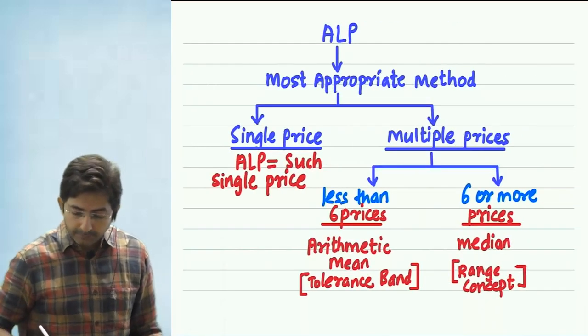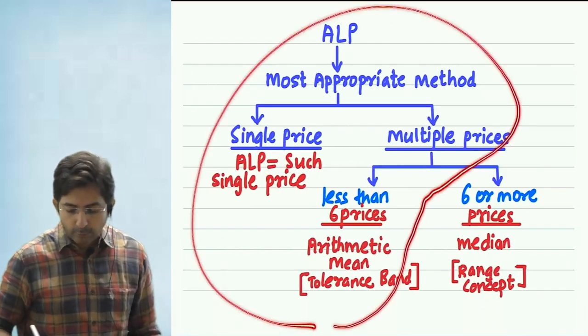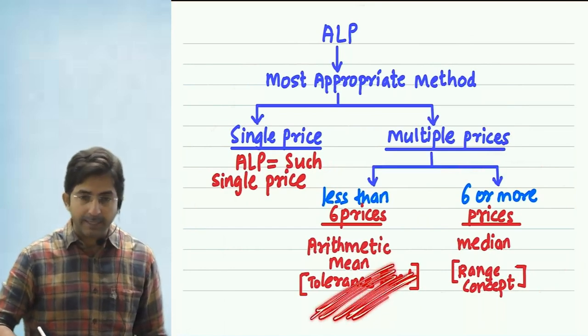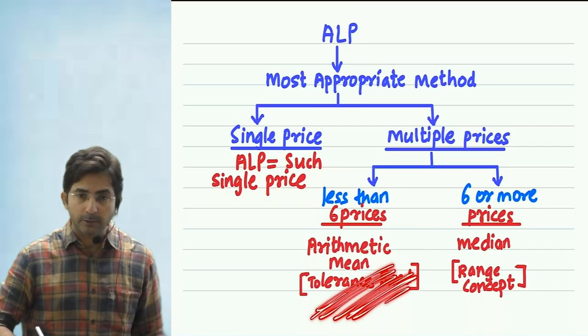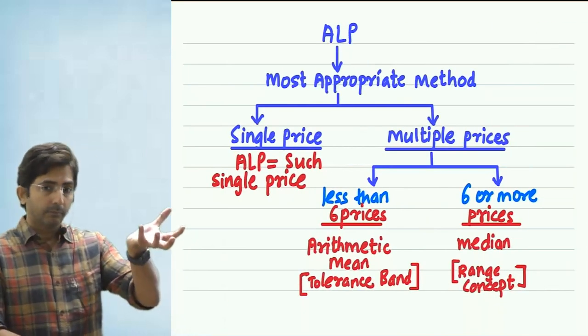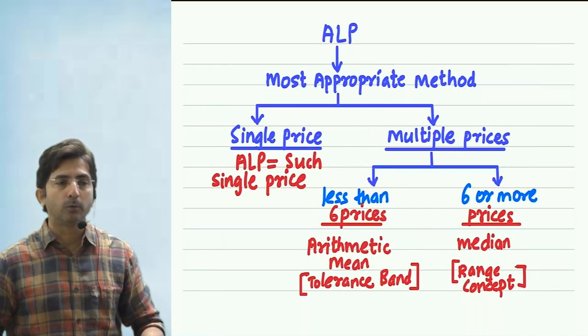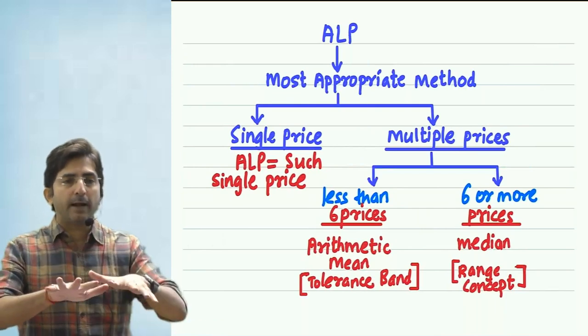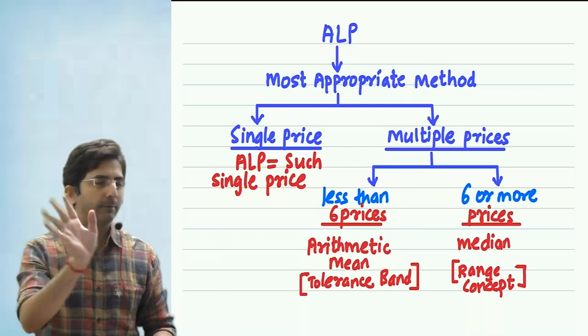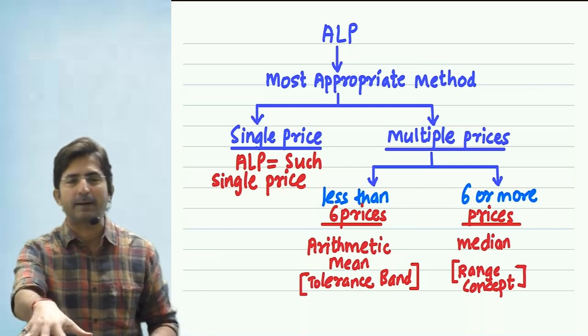See, first make this part very clear, then only I will touch the new thing. Is this clear or not? Arithmetic mean. And basically I want you to learn this approach by heart. Tell me step by step what you will do. Out of 5 methods, select one method first. And that selection is never a task for a student in the CA final exam.